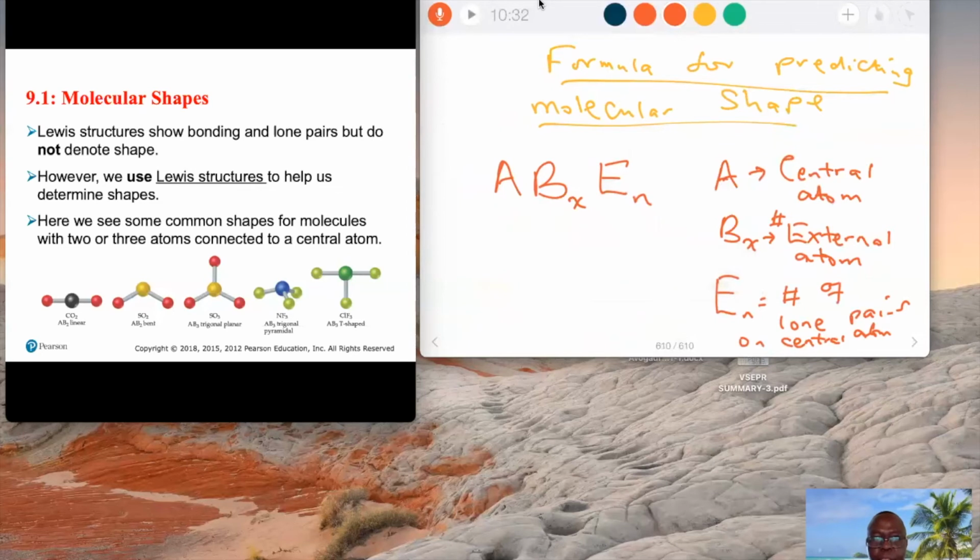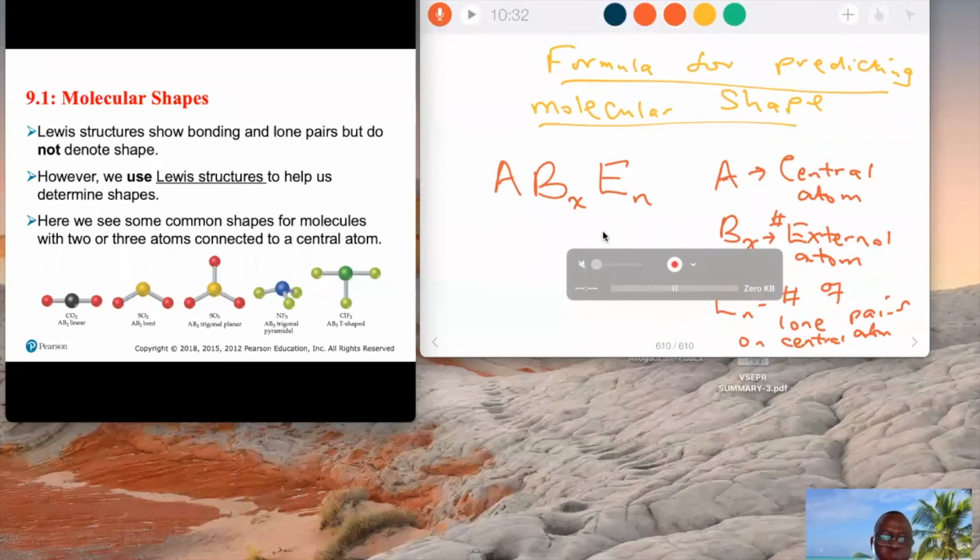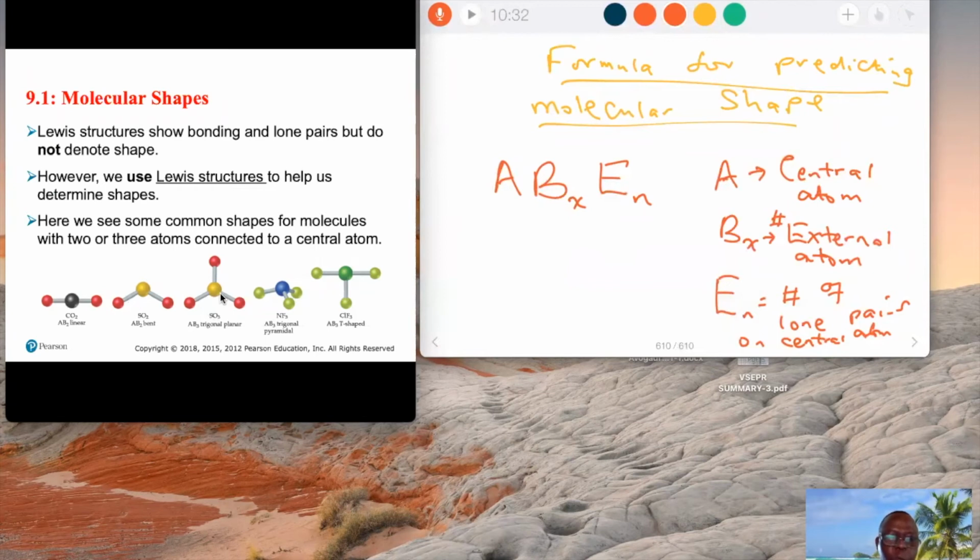Please remember this: APXN is what you will be using in predicting the molecular shape. That is where we are going, and why they assume this shape is based on the interaction. Have that in mind.